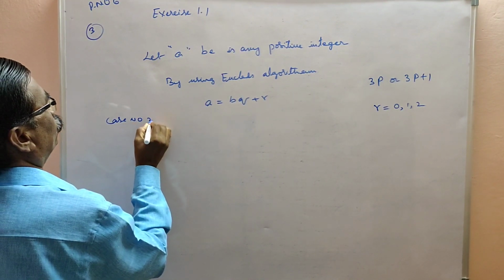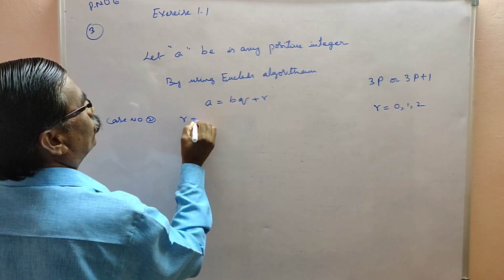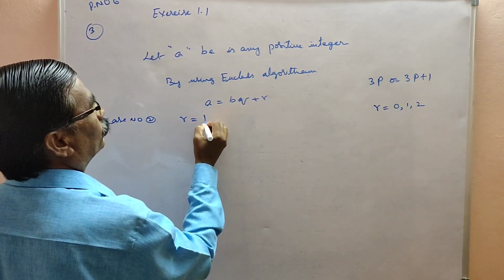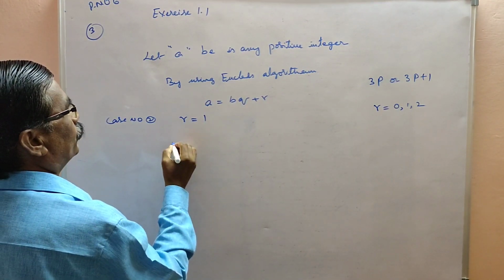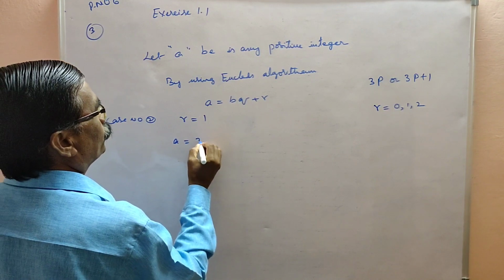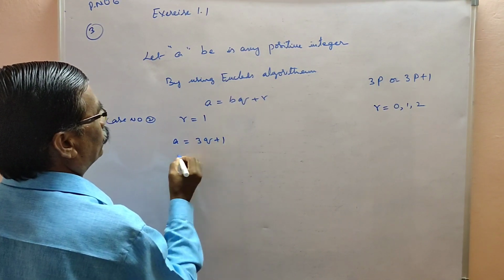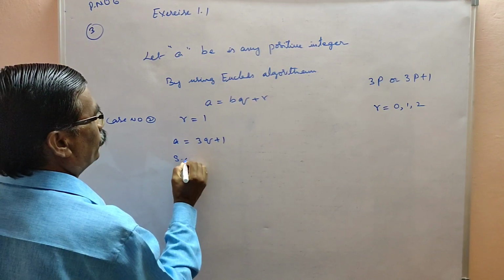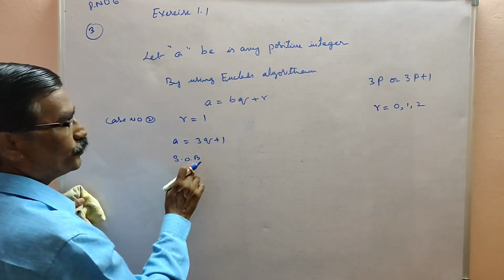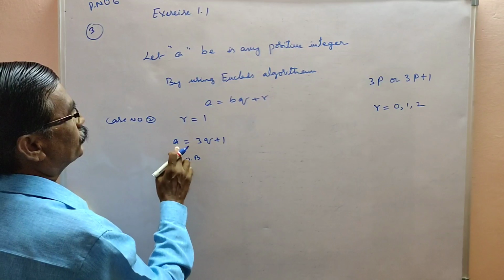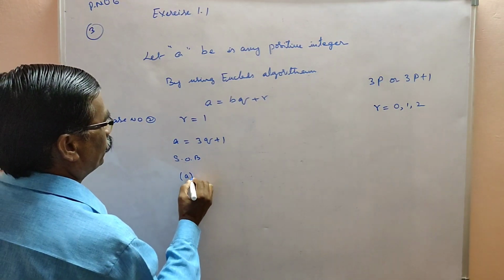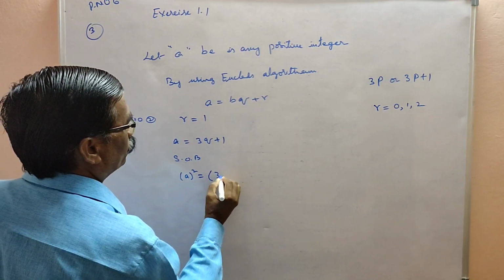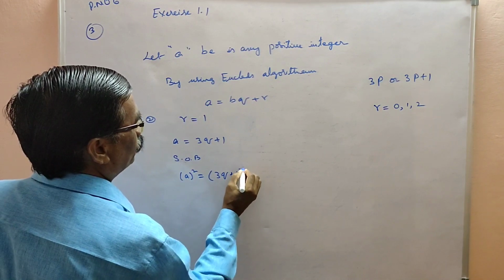In case number 2, r equal to how much? r equal to 1. So a equal to 3q plus 1. Squaring on both sides, a whole square equal to 3q plus 1 whole square.